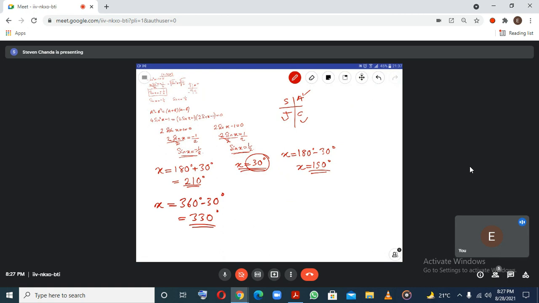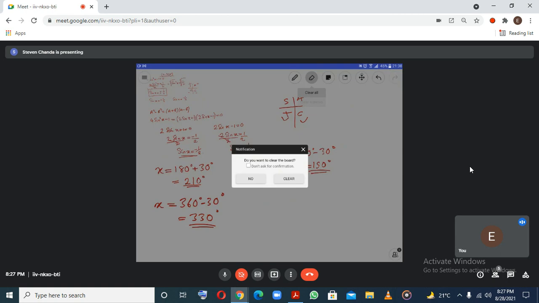So having found those, those are going to be our angles for this particular question. So you see, that's really how you go about this question. I just wanted to show you two ways of doing it so that you can at least have a different perspective of going about these questions.